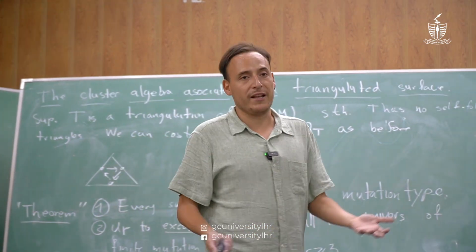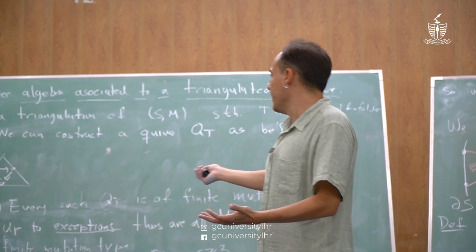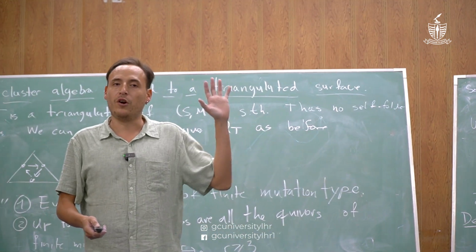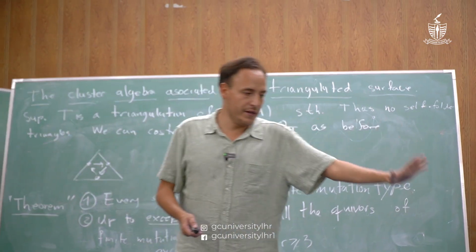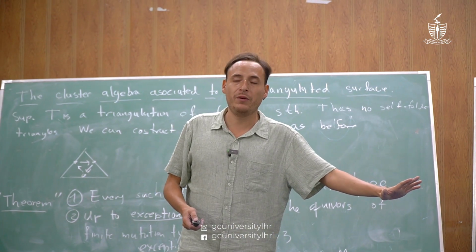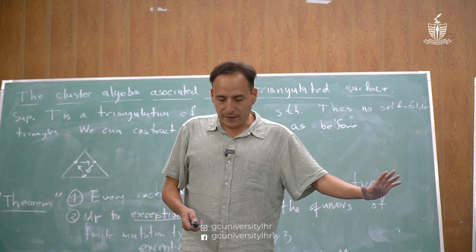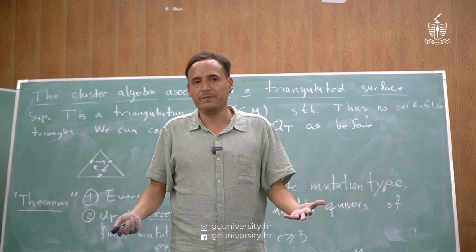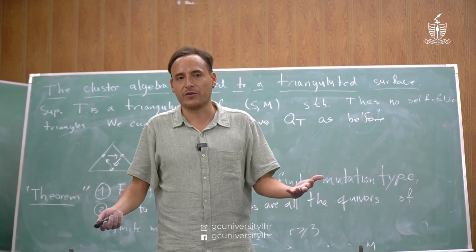But it's way more complicated to describe. It's related to representations of the fundamental group of the surface in the special linear group, and to something called Teichmüller theory in hyperbolic geometry.